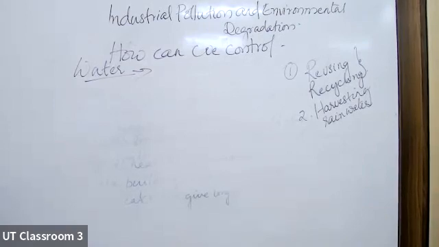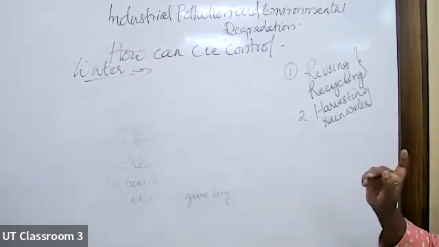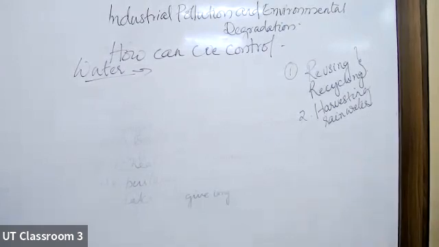This water can be collected and stored and not allowed to flow to the sea. So that is what rainwater harvesting is. Got the point? Now the third point is treating hot water with effluents before releasing them into the river.